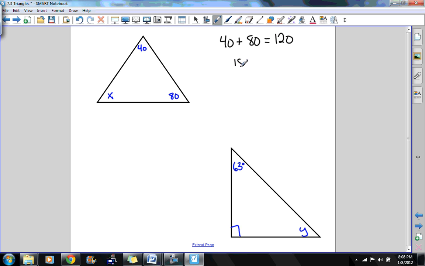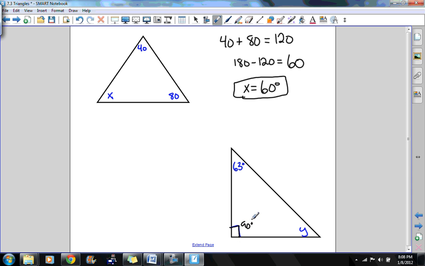Then I have to go 180 minus the 120, which equals 60. Therefore, x equals 60 degrees. Alrighty? Triangle sum theorem.